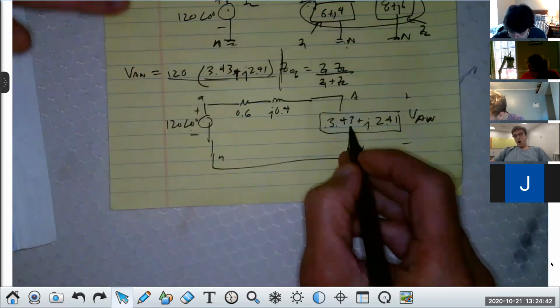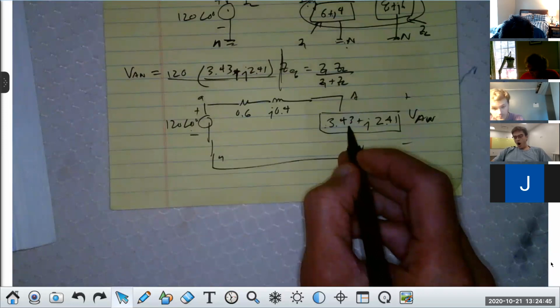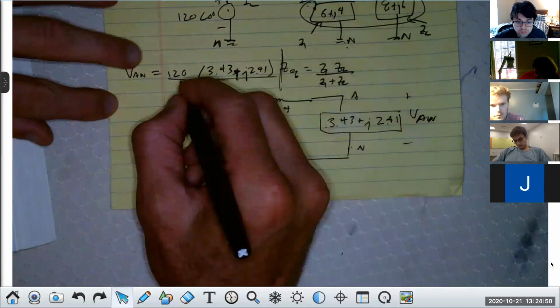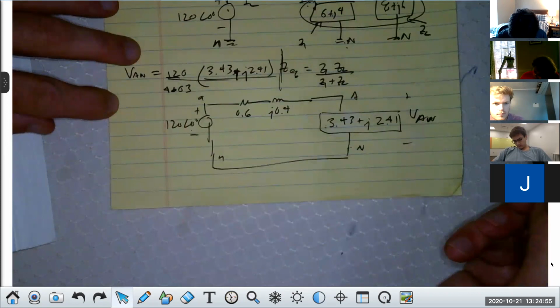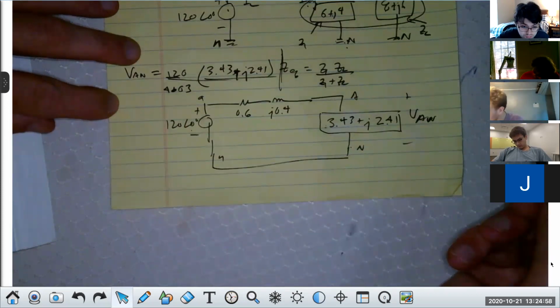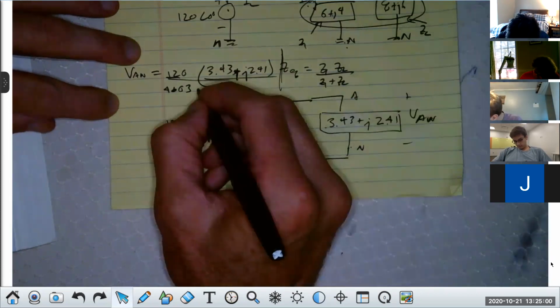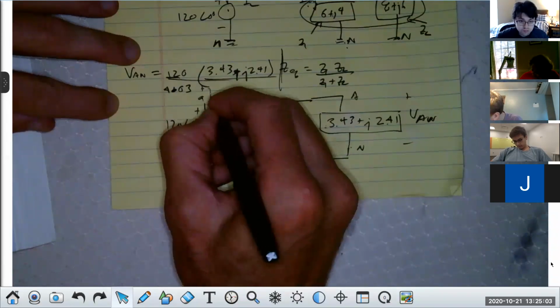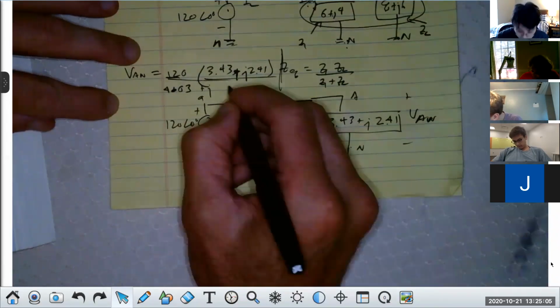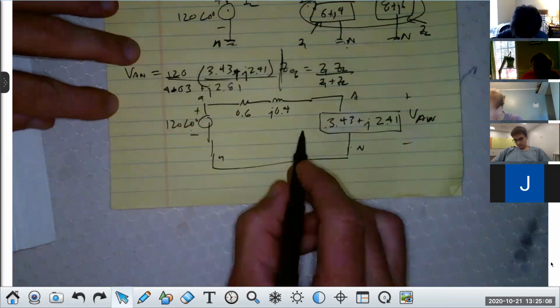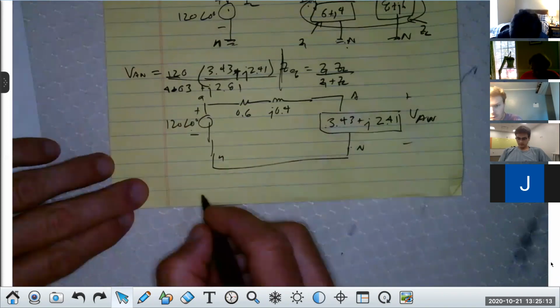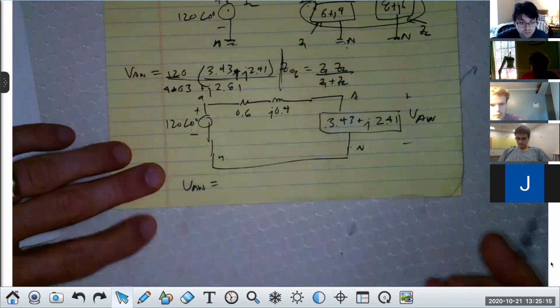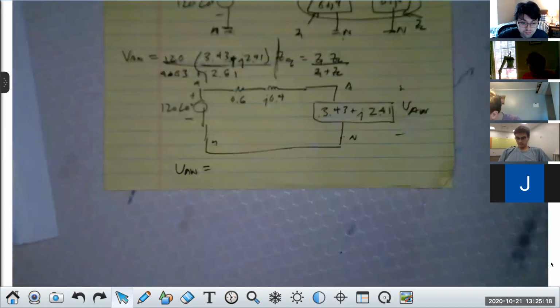That would be 4.03 plus J 2.81, right? The only thing I did is add this plus this. That would be the actual voltage VAN. Do you agree with that, class? Ray, yes? Okay, thank you.